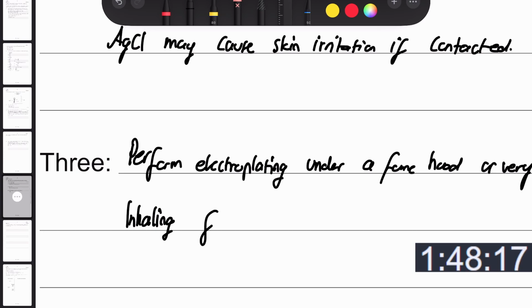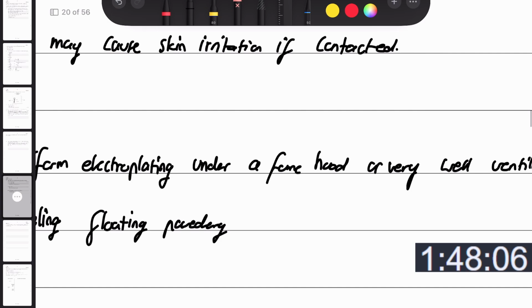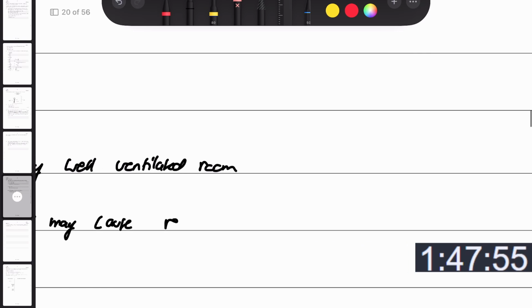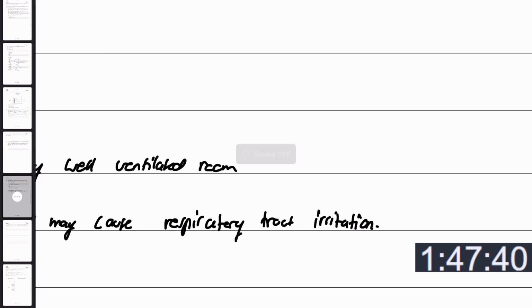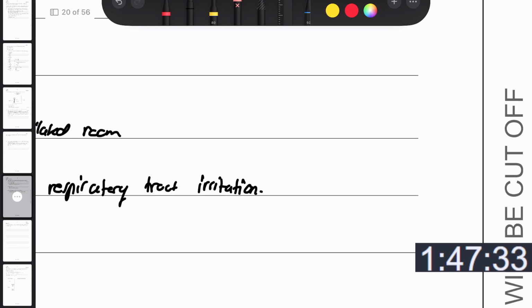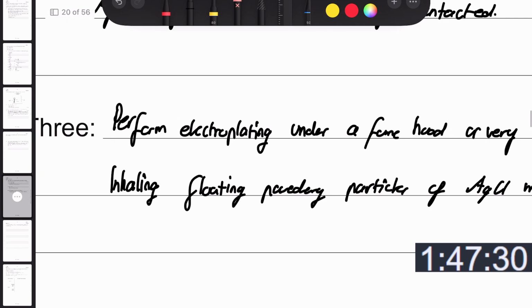Inhaling floating powdery particles of HCl may cause respiratory tract irritation, and can adversely affect the central nervous system. Can damage the central nervous system.